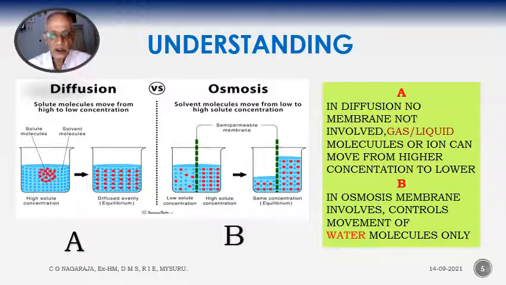Water molecules only, I will repeat that, water molecules only move from a region of higher water level to a region of lower water level. In other words, when the cells change their conditions like isotonic, hypertonic or hypotonic, water molecules either keep moving inside or keep moving outside. And so osmosis refers to the movement of water molecules via plasma membrane.